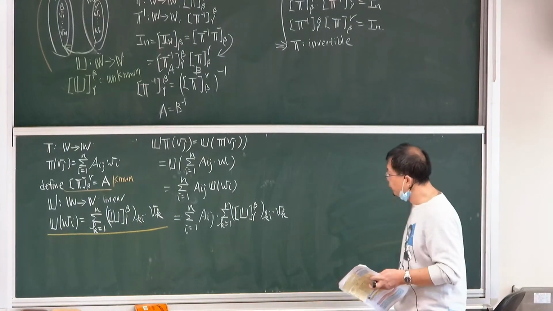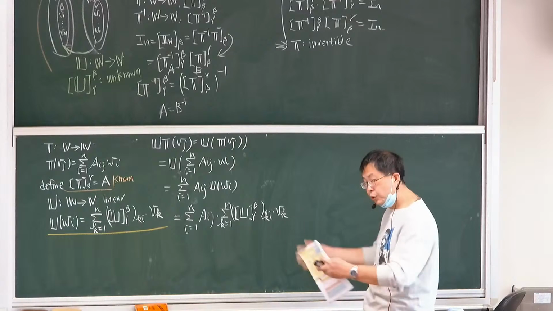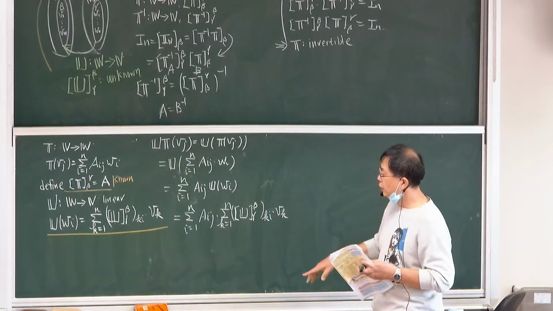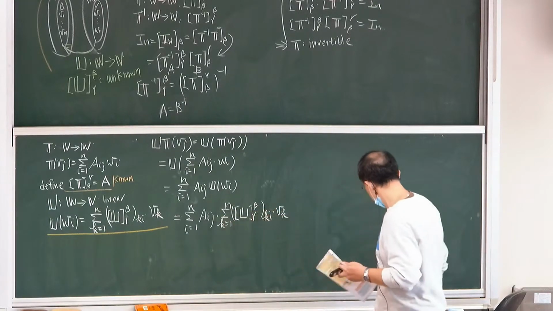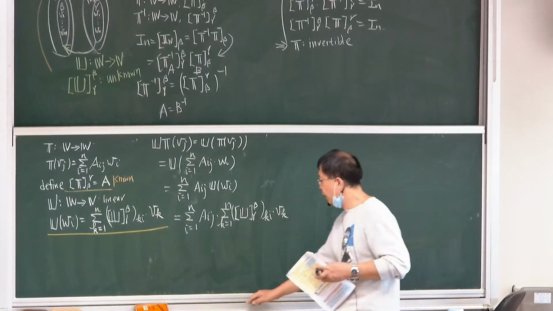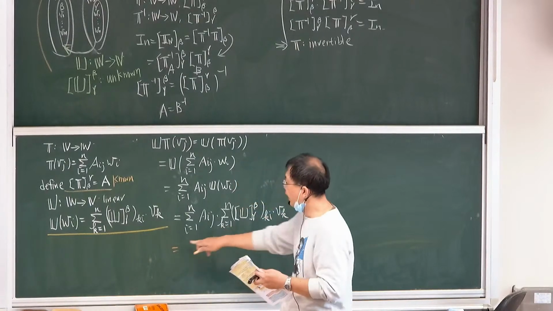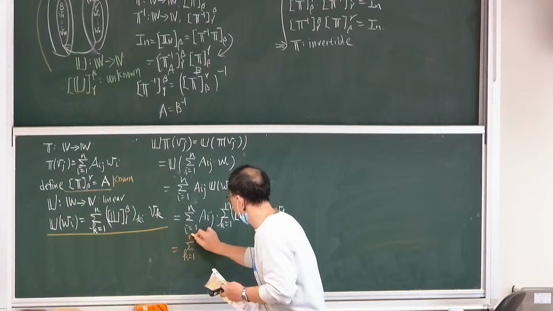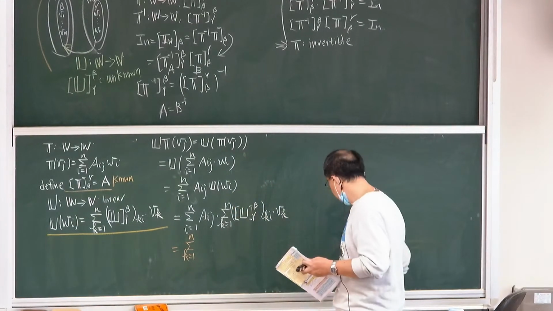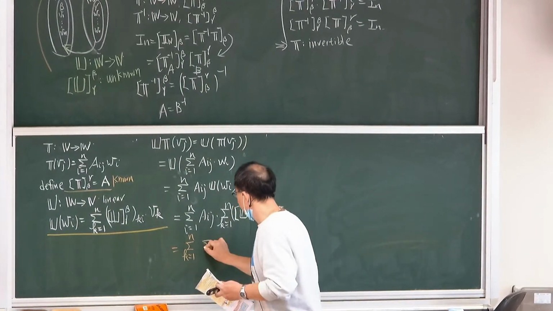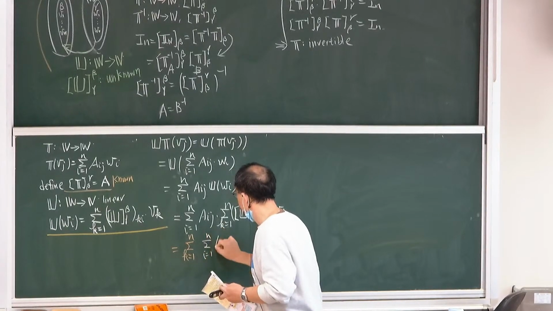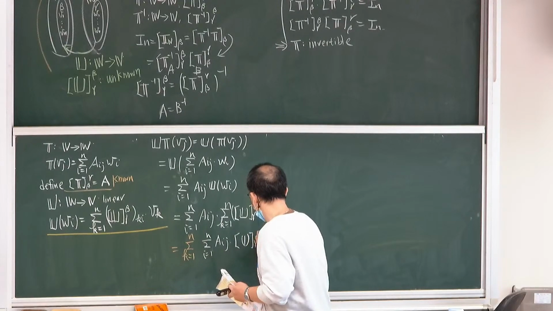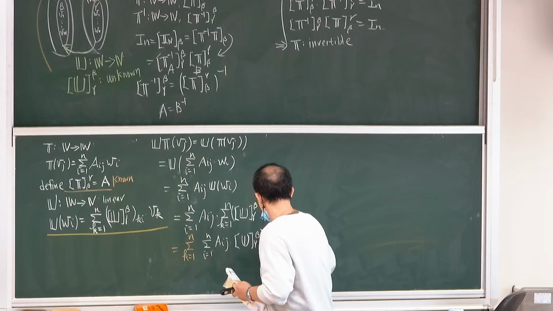Okay, now we change the order of this summation. We take k to the outer loop, k equals 1 to n, and in the inner loop, I have summation i equals 1 to n of a_ij times the matrix of U from gamma to beta, entry ki.